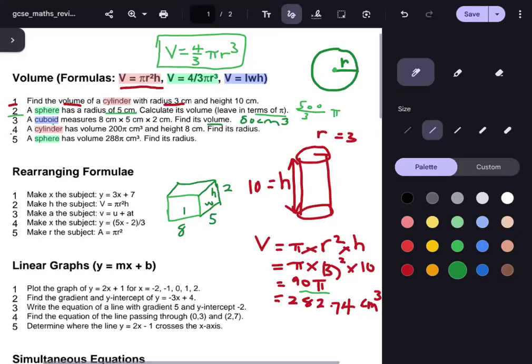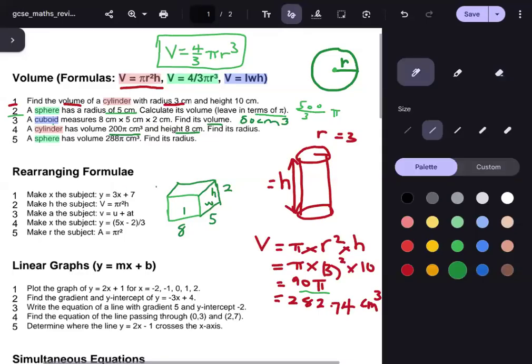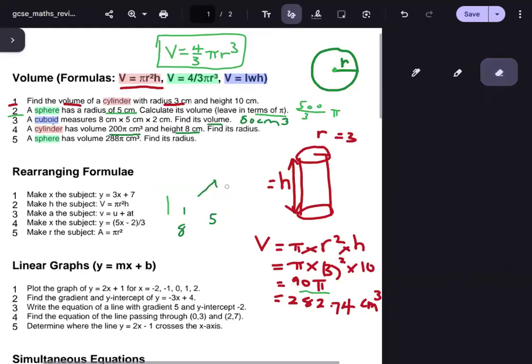Then for number 4, it says a cylinder has volume 200 pi centimeters cubed. So they're giving you the volume, and it says it has a height of 8 centimeters. Find the radius. So you're using the same formula in red here for a cylinder, and you've been given a height. And let me just erase the side so it's not so crowded.